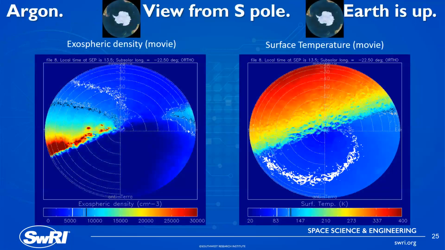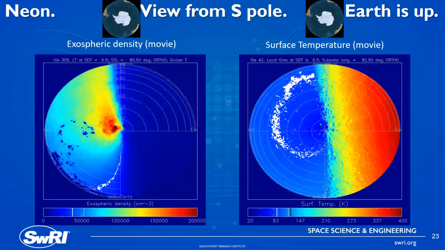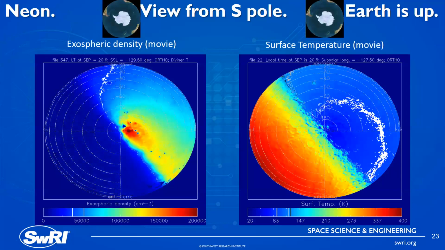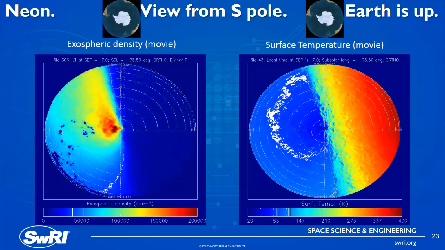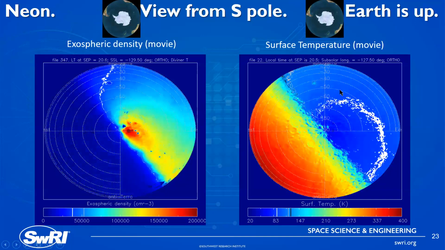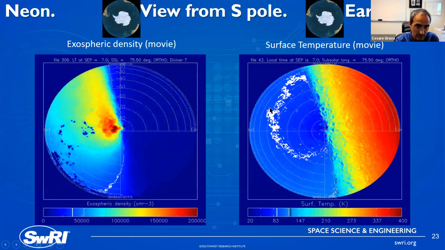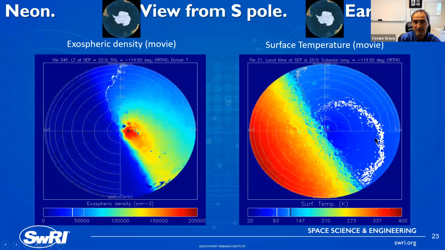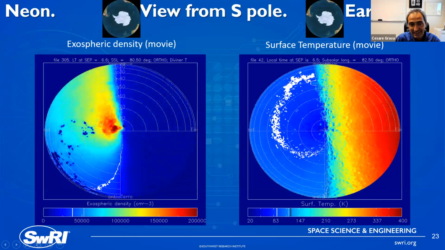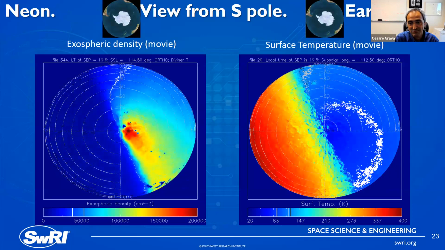And also, Cesare, what is that apparent spiral feature that we see coming from near the pole, then moving down to low latitude? What is that actually? This white one? Yeah, I think it's an artifact of the IDL visualization. I have to understand why.